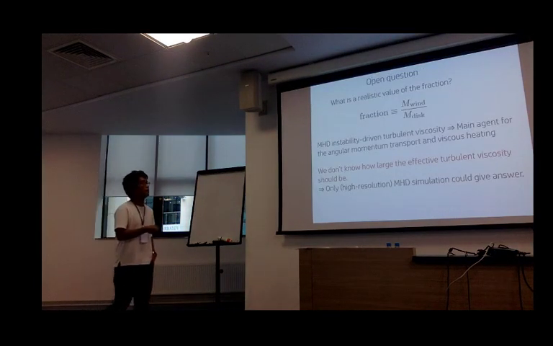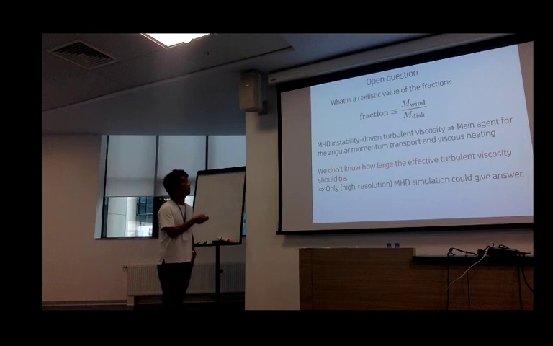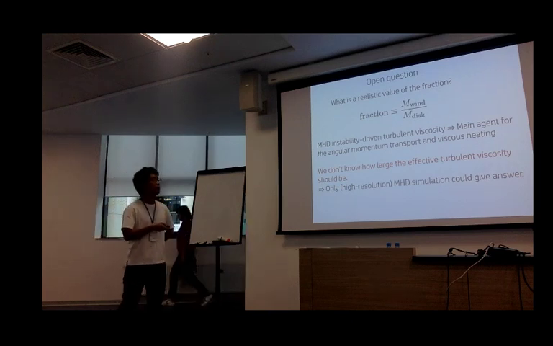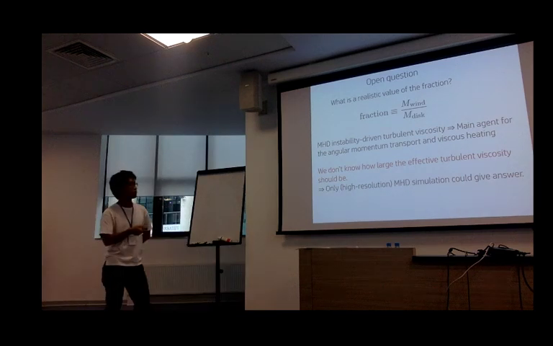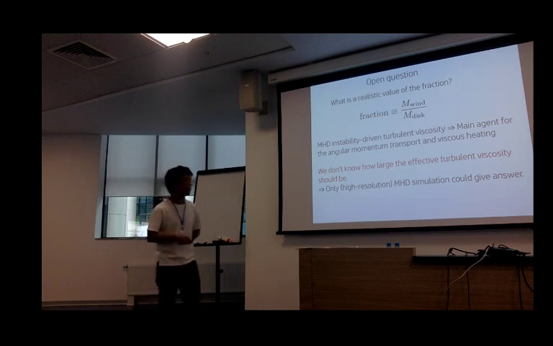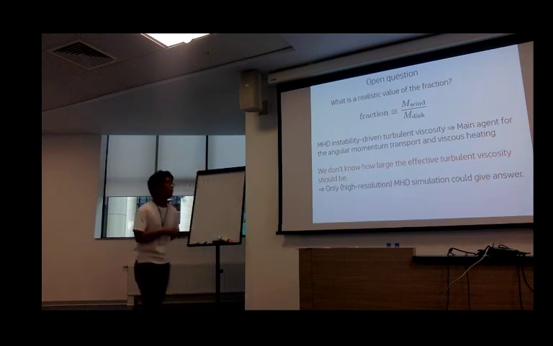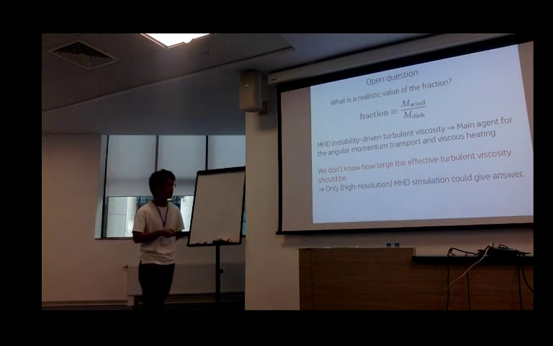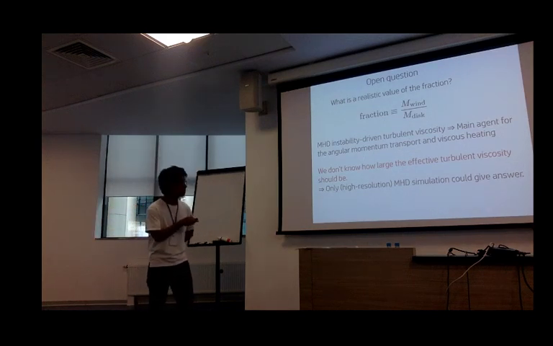But in reality, the MHD instability drives turbulence, and consequently turbulent viscosity is produced. This viscosity is the main agent for the angular momentum transport and the viscous heating. So this determines this fraction. But we don't know how large the effective turbulent viscosity should be. Personally, I think only high resolution simulations could give this answer. But this is still a question.